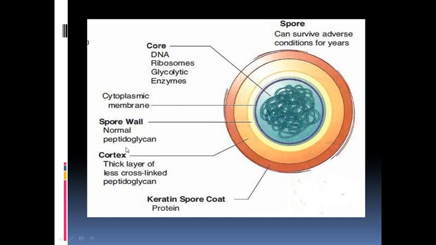Next is the cortex layer. You can observe it is a very thick layer, made up of cross-linked peptidoglycan. And the outermost layer of a bacterial spore is the keratin spore coat, which is made up of the protein keratin.